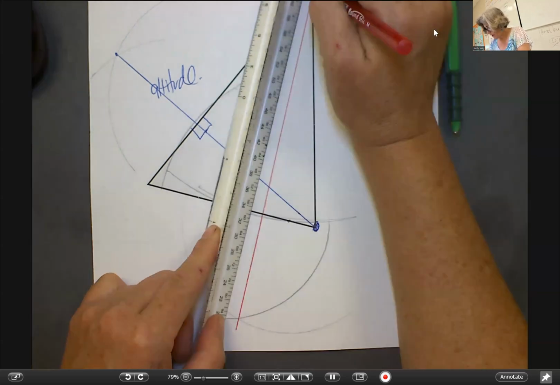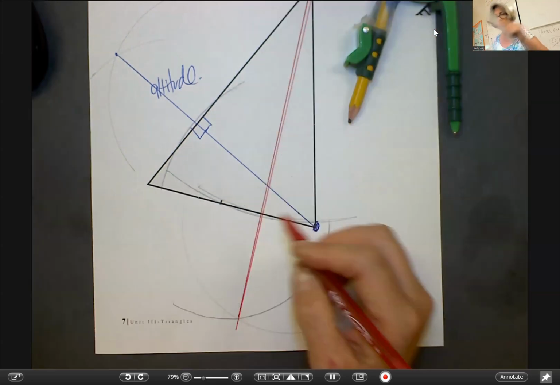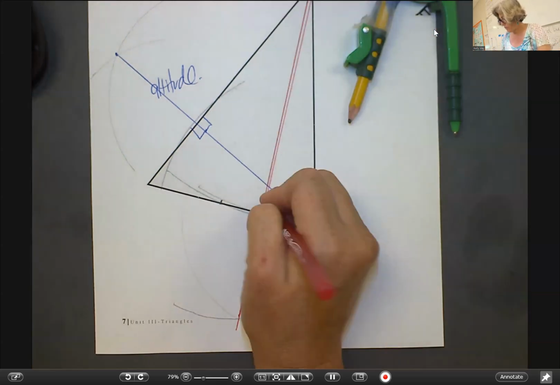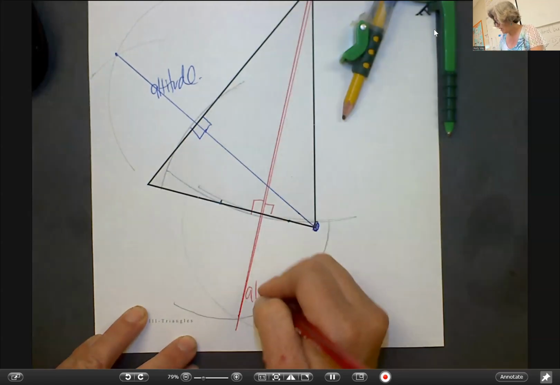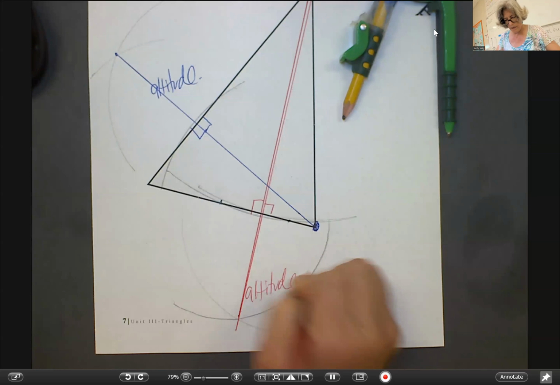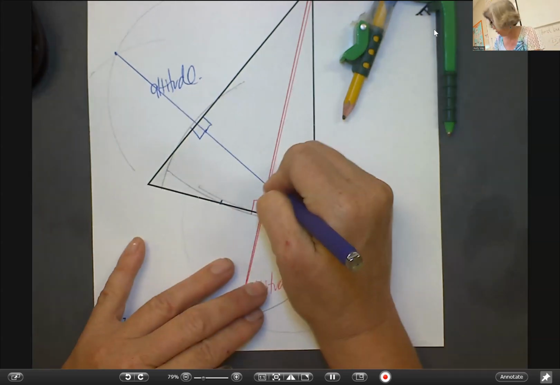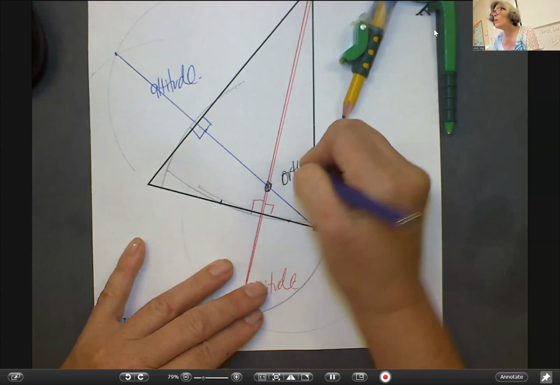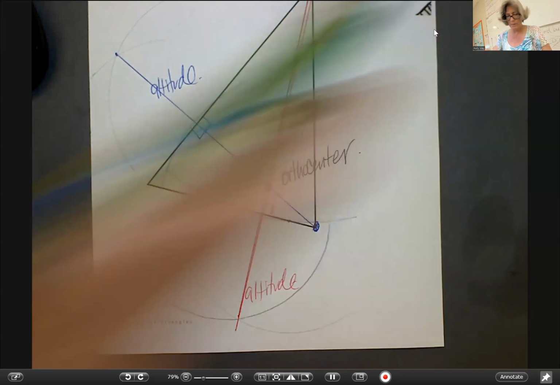Whoa, that's a bad alignment. Let's try that again. There we go. And you have a perfect right angle both sides, starting from the vertex. That's an altitude. And it's going to intersect at what is called the orthocenter. The orthocenter.